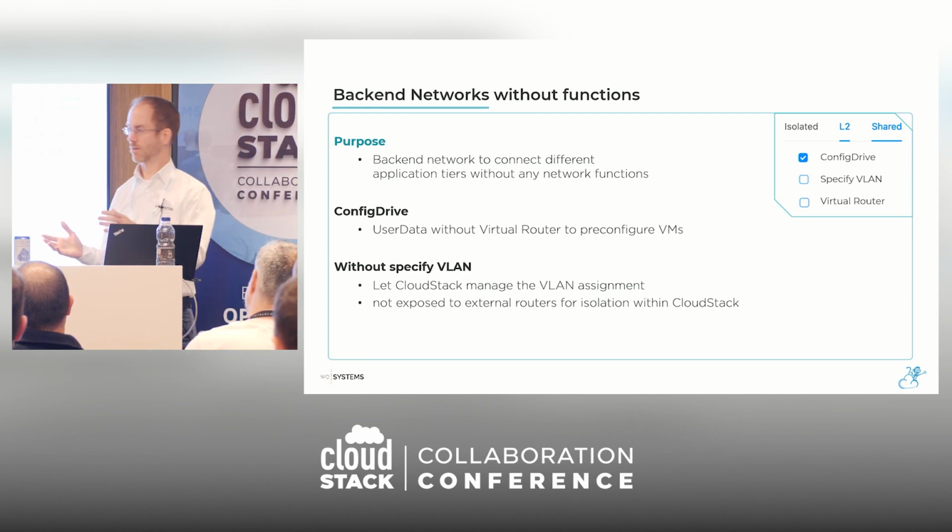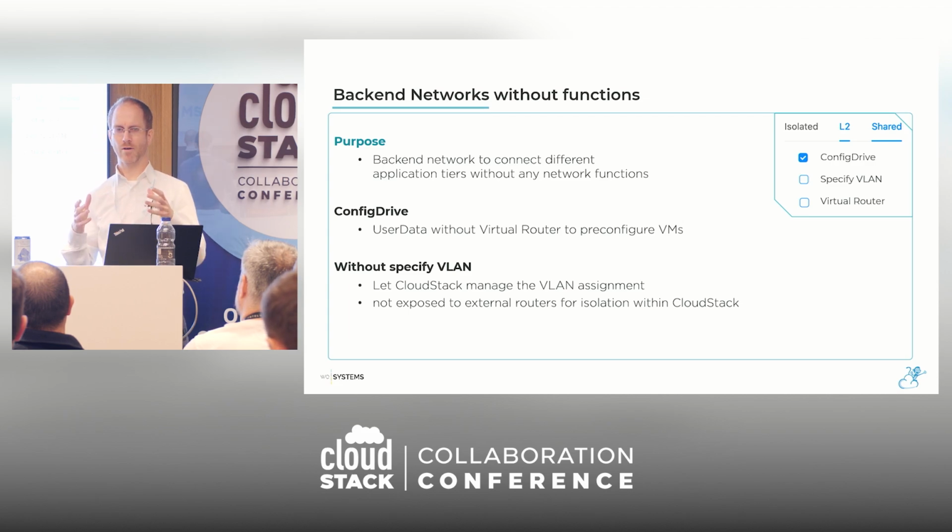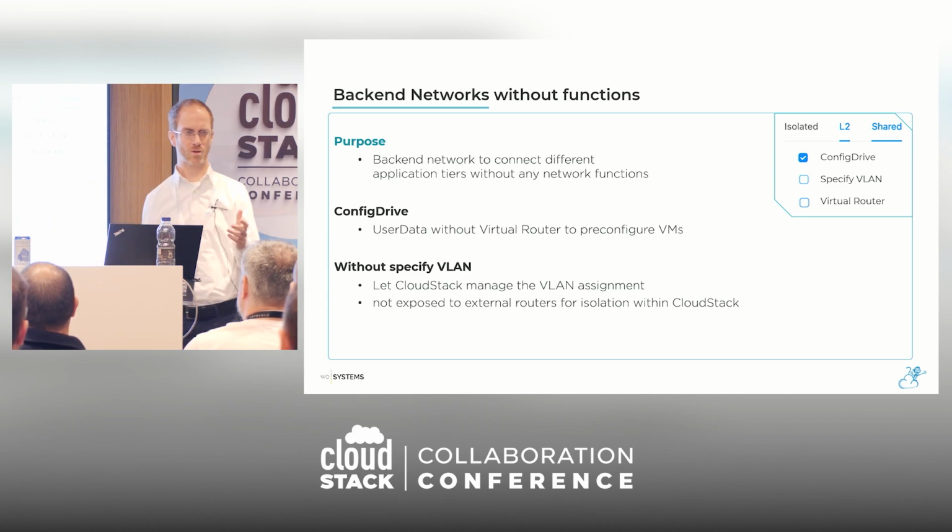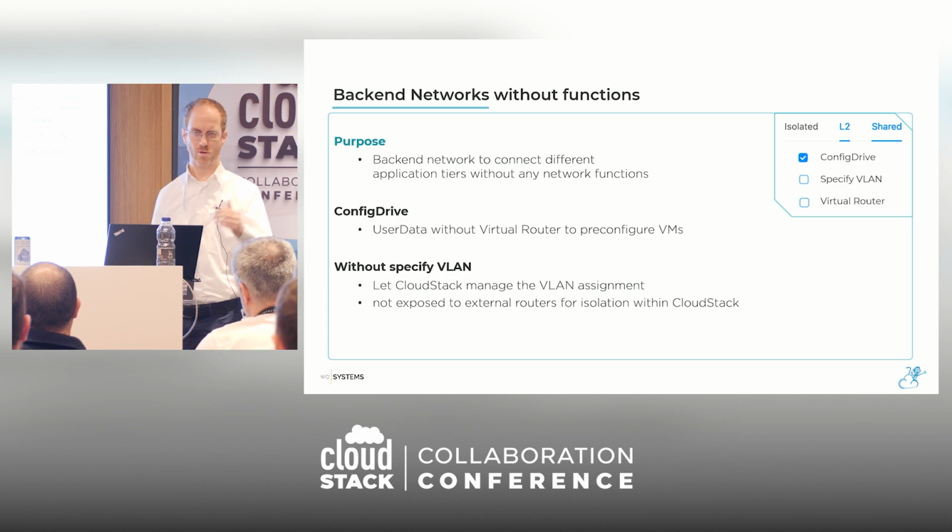What actually is happening there, when you have a network without a virtual router, then you're missing a way to provide user data to a VM. So cloud-init scripts will not work anymore. So you cannot provide data to the virtual machines during the setup phase.